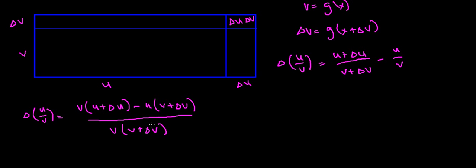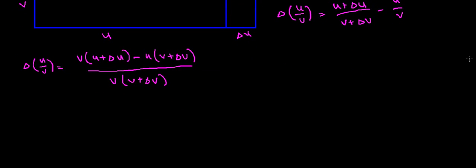Okay, what should I do next? I think I'm good to divide out by delta x. So now, as I did in the product rule, I'm going to divide both sides by delta x.